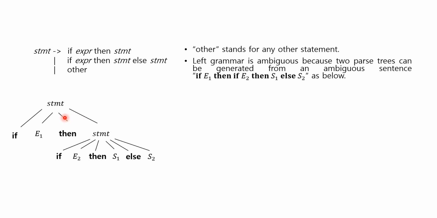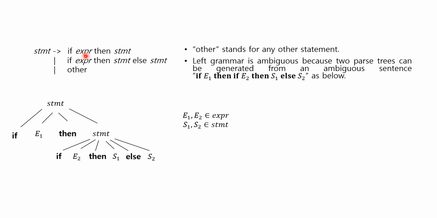For example, the start symbol statement can be expanded to if expression then statement, which follows the first rule, and E1, E2 are two different occurrences of the non-terminal expression, and S1, S2 are two different occurrences of statement.